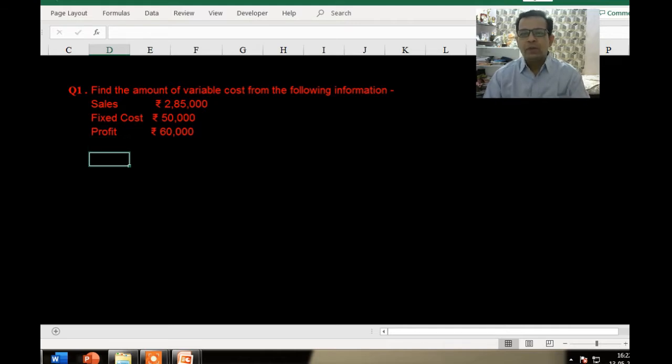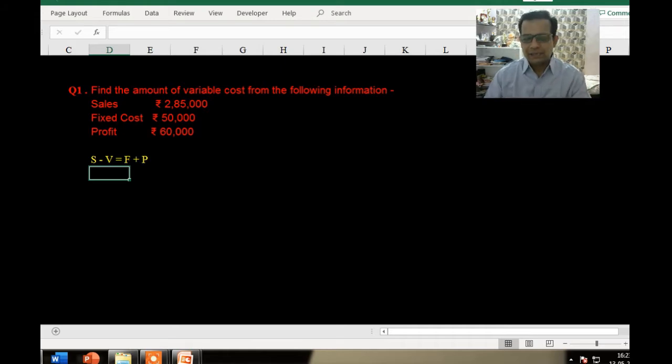If you happen to remember the fundamental marginal costing equation, which we simply call the marginal cost equation, that says sales minus variable cost is equal to fixed cost plus profit, right? Exactly, this is what is given to us in the question. Now what we need to do is just substitute the figures.